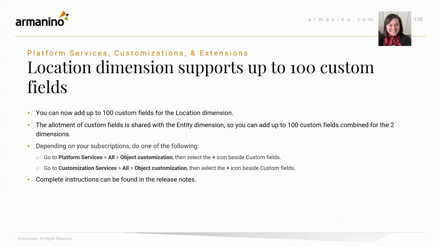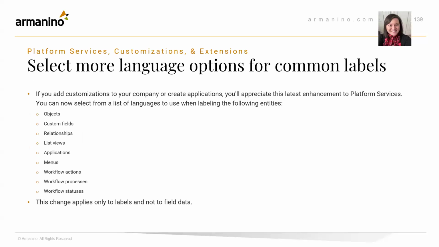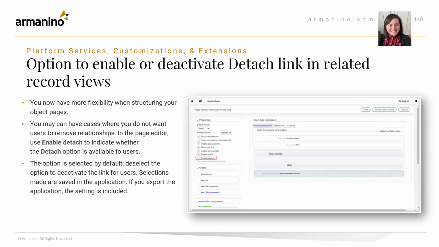Over to you, Jen. This is just an extension of the real estate conversation about the 100 custom fields. They're available between the entity and location dimension. And then there are more language options for common labels. So now you can choose from the language options that we talked about previously when selecting different customizations you need for creating other applications with platform services.